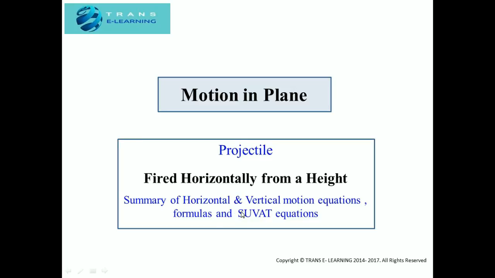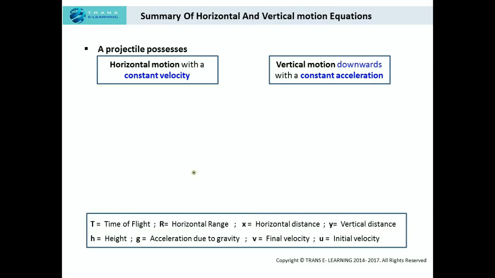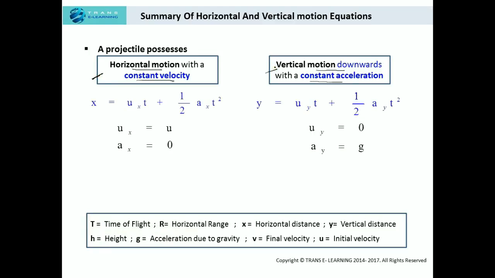So let's start. First of all, a summary of horizontal and vertical motion equations. A projectile possesses horizontal motion with a constant velocity and vertical motion downwards with constant acceleration. Before explaining these 2 points, I would like to discuss the equation, and first of all, the alphabets assigned to different parameters.